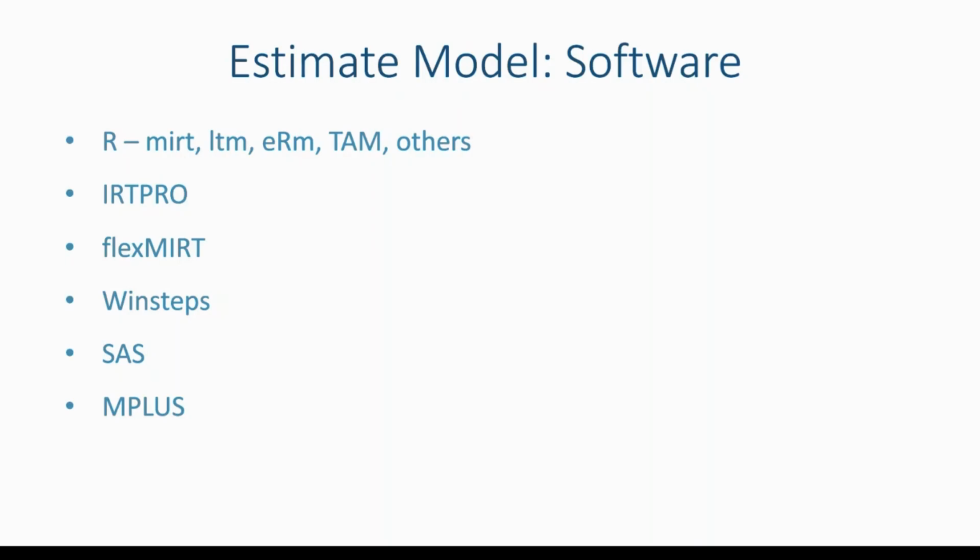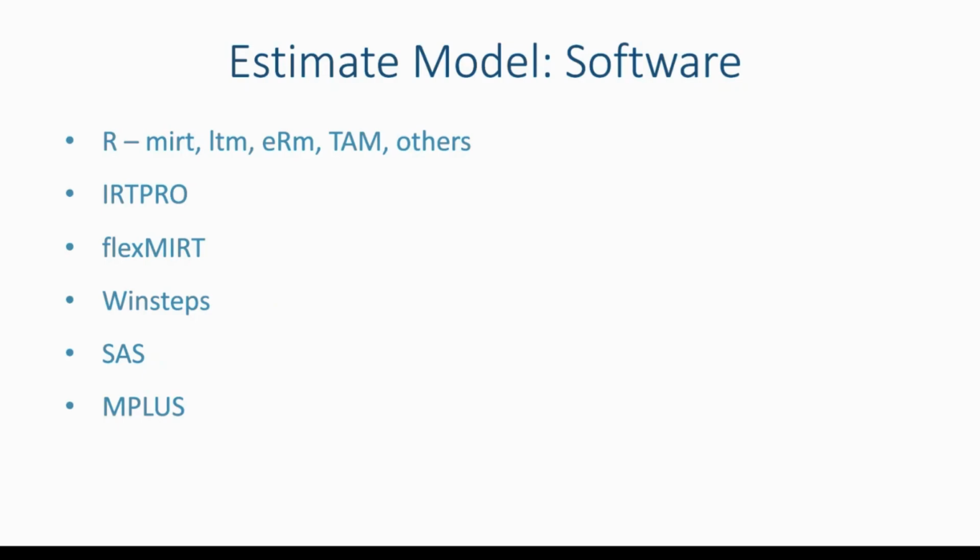IRTPRO is a nice software package that is primarily a GUI, or graphical user interface, similar to SPSS for those of you that like to have the pull-down menus. It also has a syntax option as well. Then another related software package is flexMIRT. flexMIRT is developed by the same people that developed the engine behind IRTPRO, but it's syntax driven, or code driven.